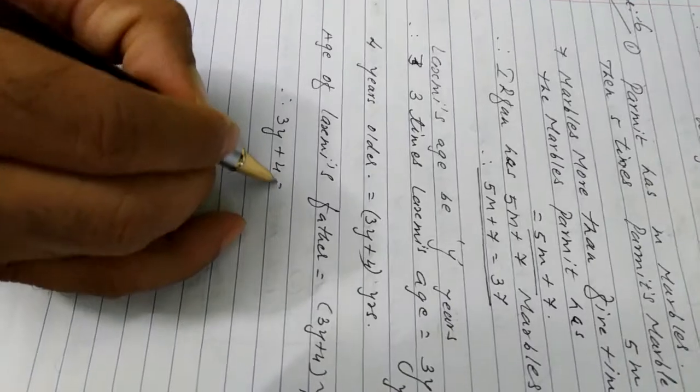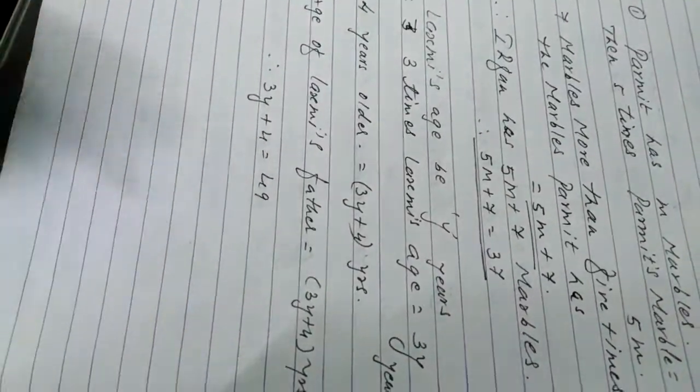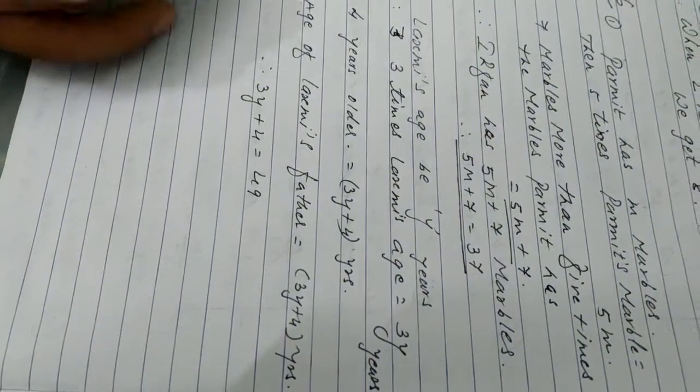Now what is the age of his father? 49 years. Therefore 3y plus 4 is equal to 49. Got it?